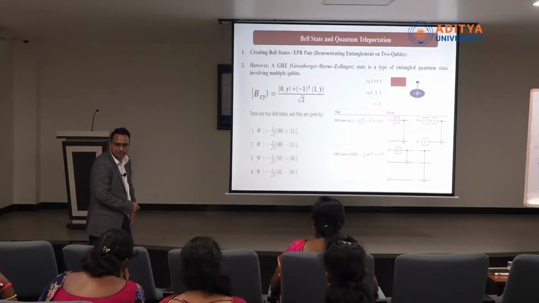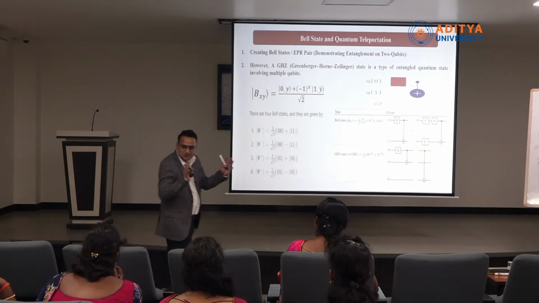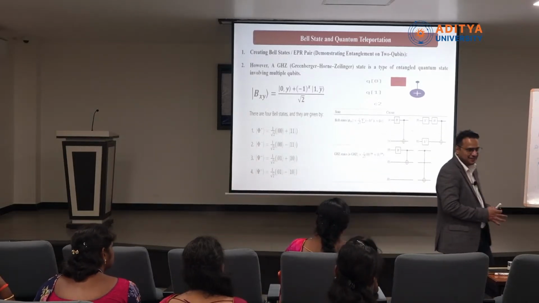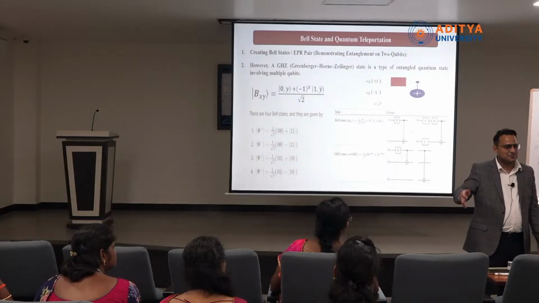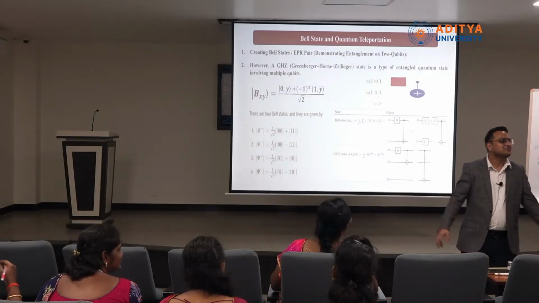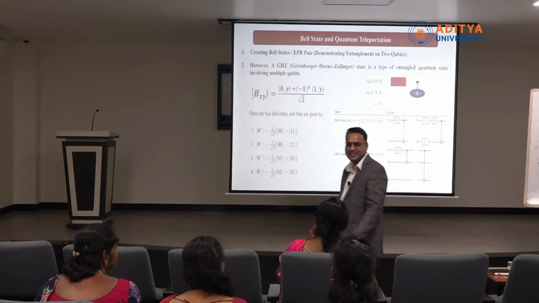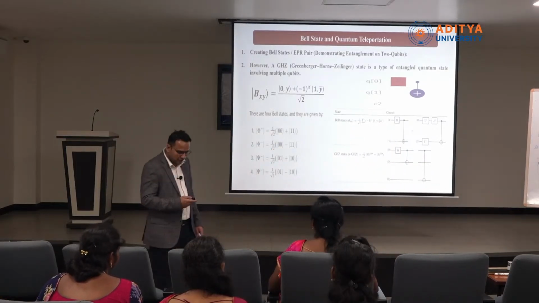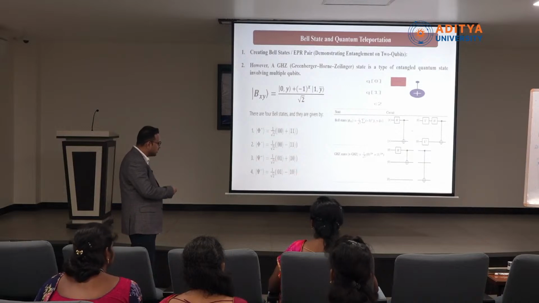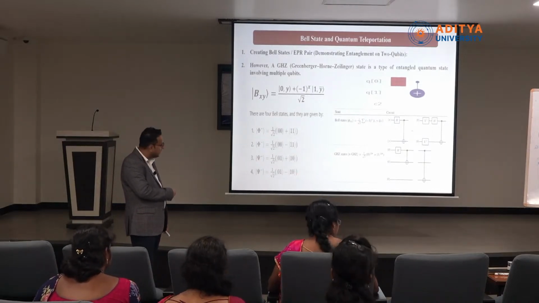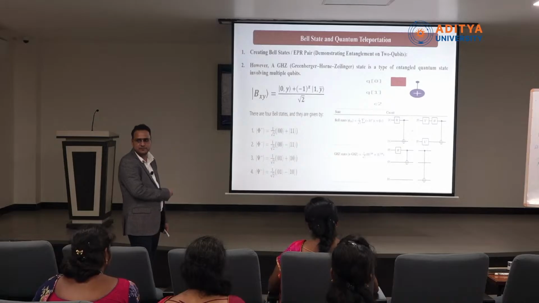Complemented entanglement means, like in a husband-wife relationship, what we discussed in the morning session: if the husband says yes, the wife says no, and vice versa. It happens usually. So such kind of entanglement can also be created. This is 0, 1 plus 1, 0, the complemented entanglement realized over the psi plus state.